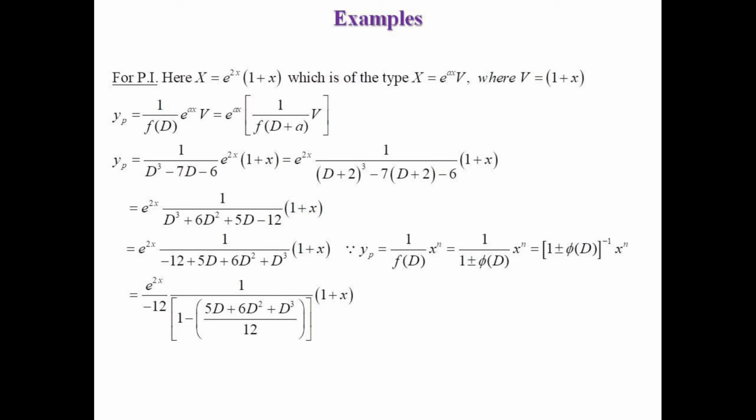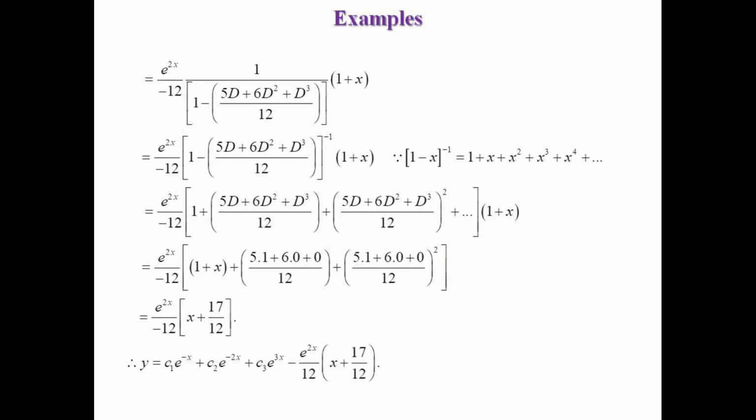We write the circular bracket for this term, which is the value of phi of d. If we take this term to the numerator, then in the next step we get e raised to 2x upon minus 12. Now take this value in the numerator, so in bracket 1 minus 5d plus 6d square plus d cube upon 12 raised to minus 1.